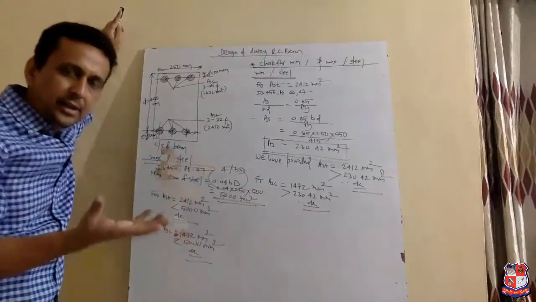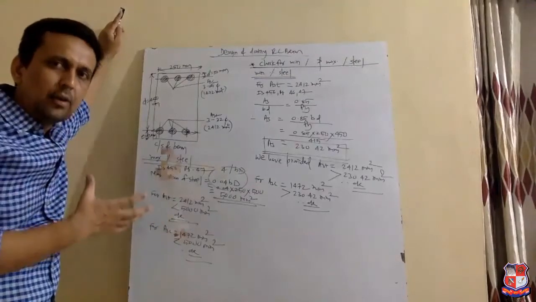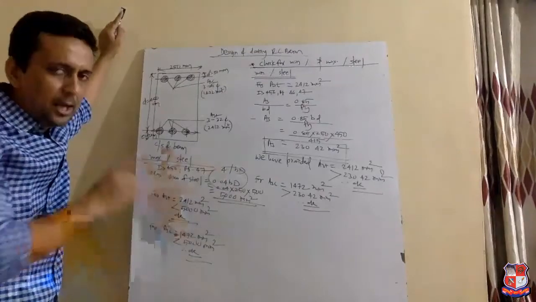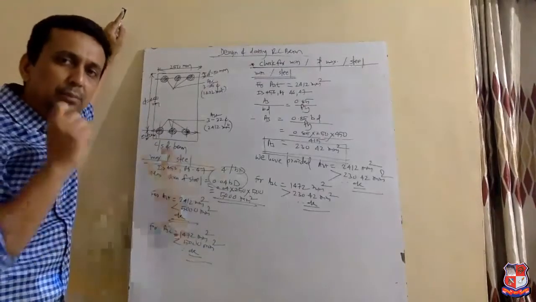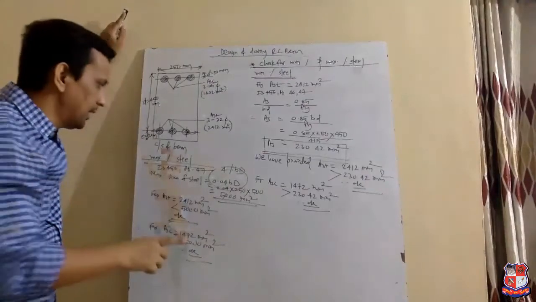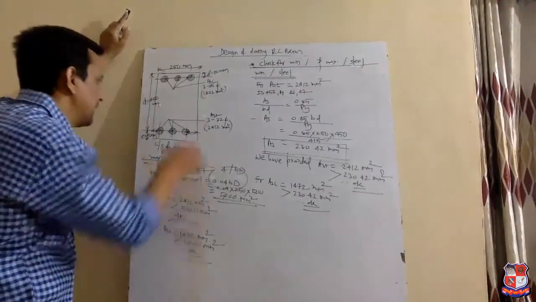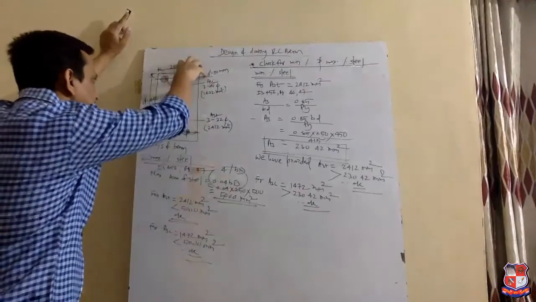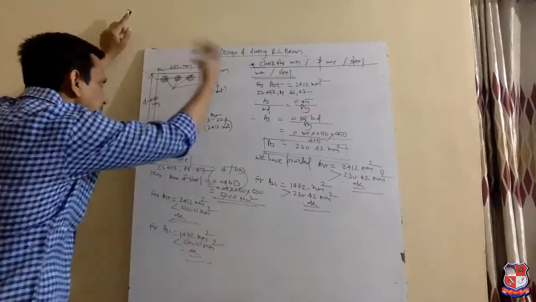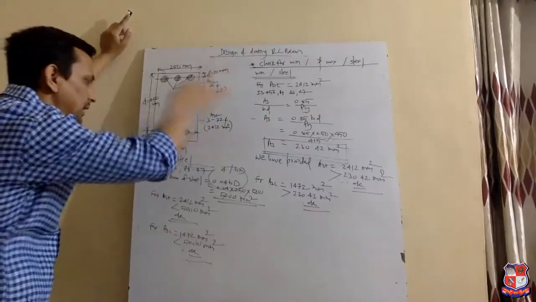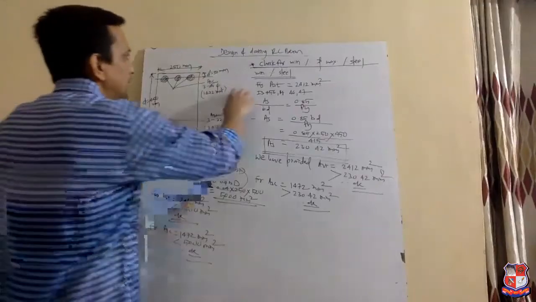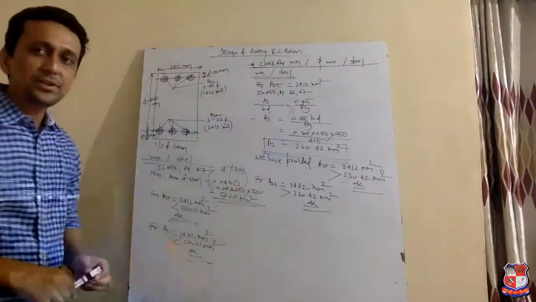Whatever reinforcement we provide, its area must not exceed 4% of the cross-sectional area of the beam. And in both cases, AST and ASC, in the tension zone and in the compression zone, whatever reinforcement we have provided satisfies the maximum percentage of steel as well as the minimum percentage of steel.